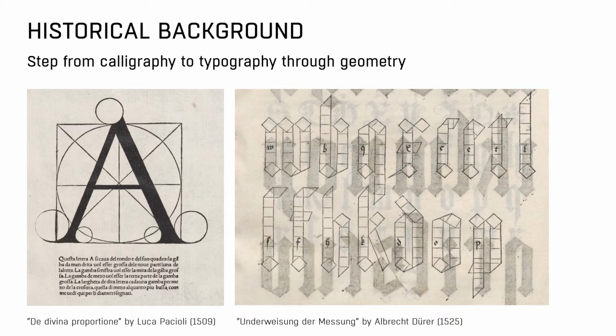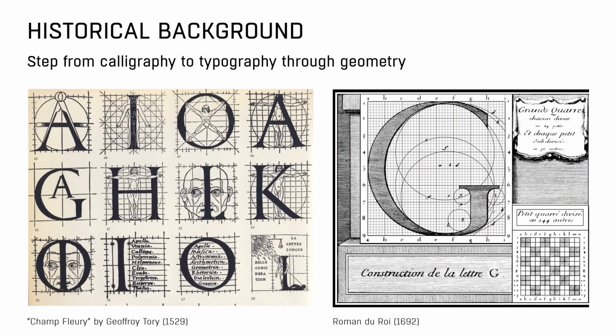Dürer also found a pattern of modular creation in Gothic handwriting through the repetition of a diamond-shaped module. Geofroy Tory reviews the proportions of the Roman letter, comparing them with those of the shape of the human being, fitting them into a 10 by 10 grid.